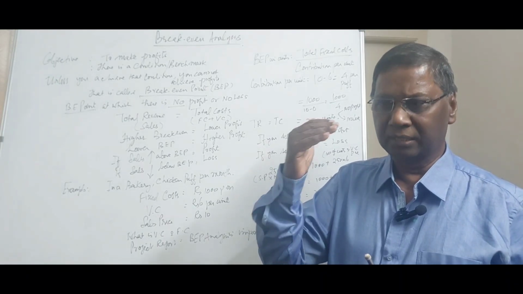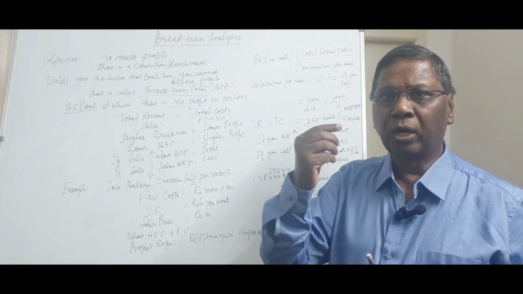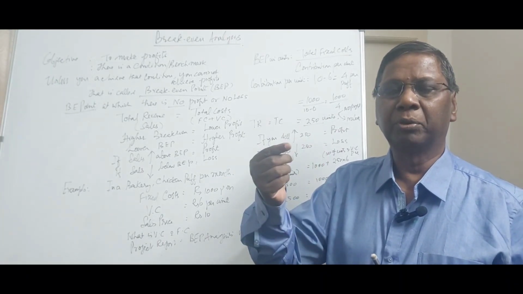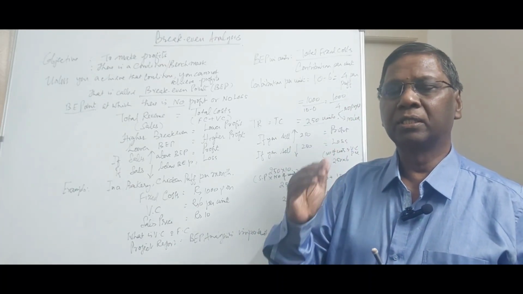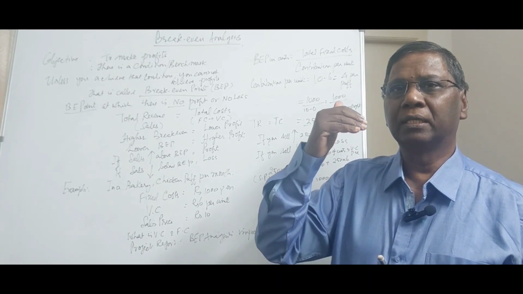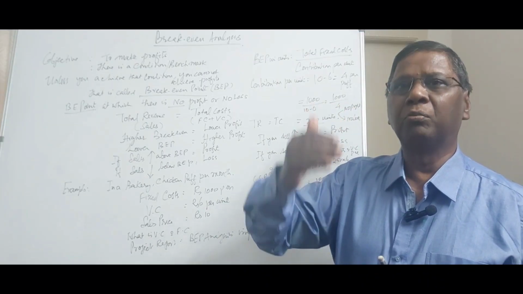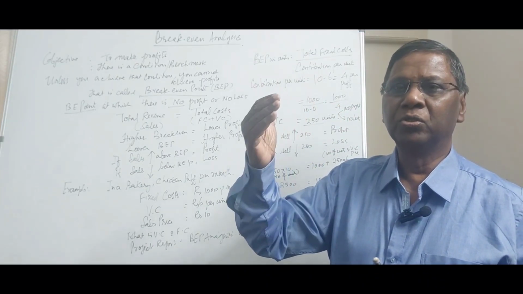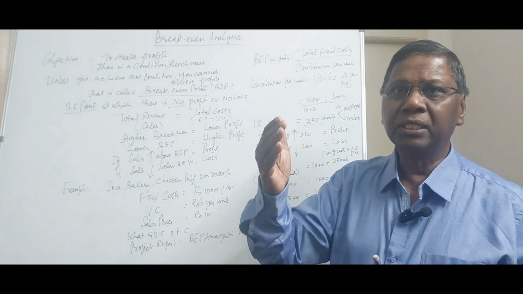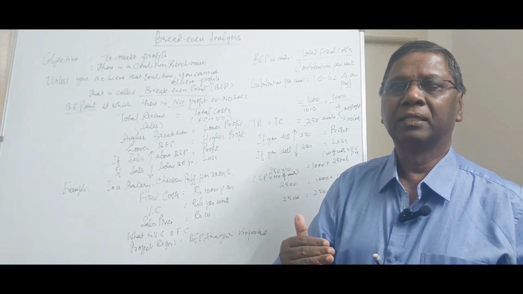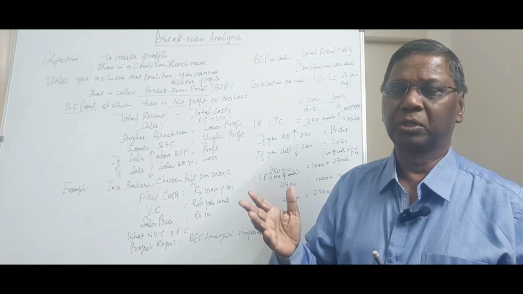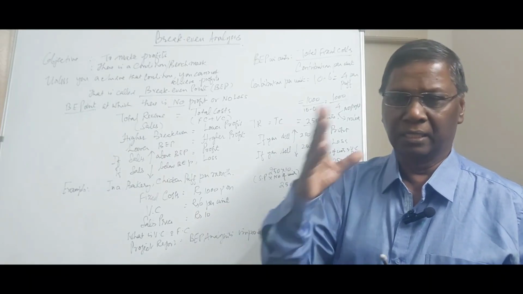If you sell above the break-even point, it will bring profit. If you go below the break-even point, then you are incurring losses because you are not even covering the cost.